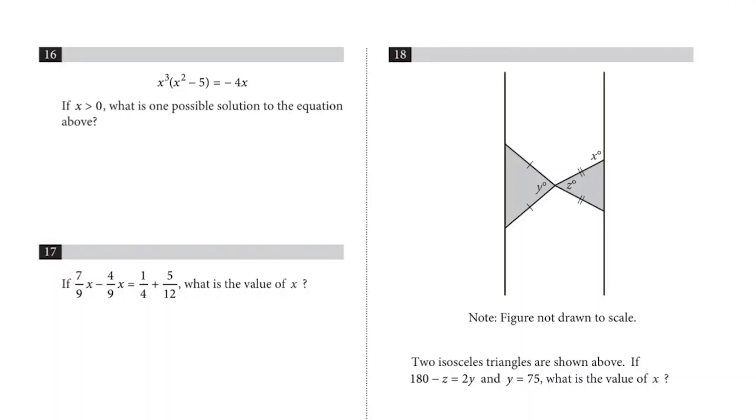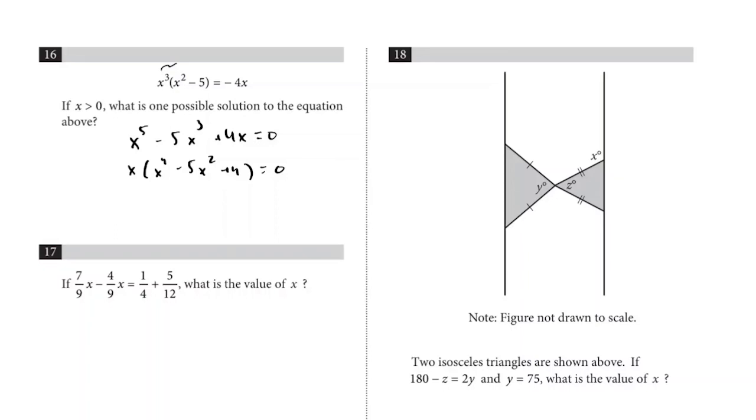All right, so what we can do is we can factor or expand this. We get x to the power of 5 minus 5x to the power of 3 plus 4x equals 0. I just brought this 4x over. And then factoring out an x, we get x to the power 4 minus 5x squared plus 4 equals 0.